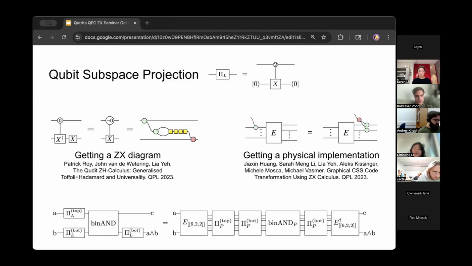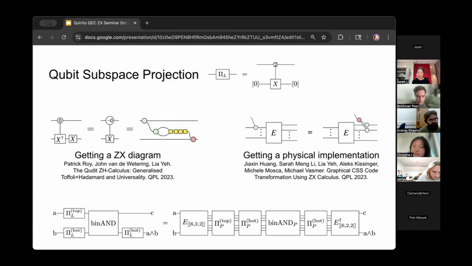So I can say a bit about that. This projector onto the code space, onto the qubit subspace, this pi sub l, in the case where you have a code going from a qubit to qutrit, since the projector is equal to E dagger followed by E, where E is the encoder, then this pi sub l is the projector onto the code space for when you're encoding a qubit into the 0, 1 subspace of the qutrit. So this top thing is the code that Christine is referring to.